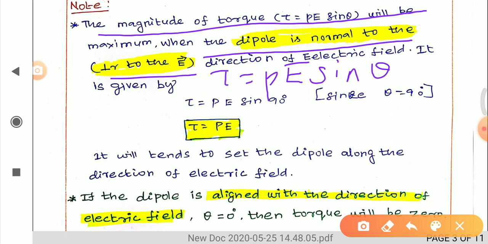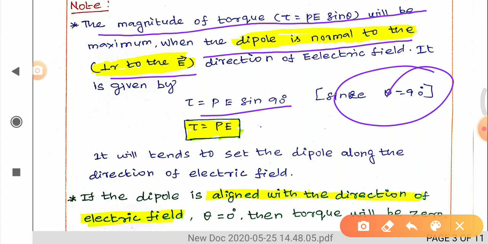Perpendicular means normal, and normal means theta is equal to 90 degrees. Substituting the theta value, tau is equal to P E sin 90. Sin 90 is equal to 1, so tau is equal to P E.